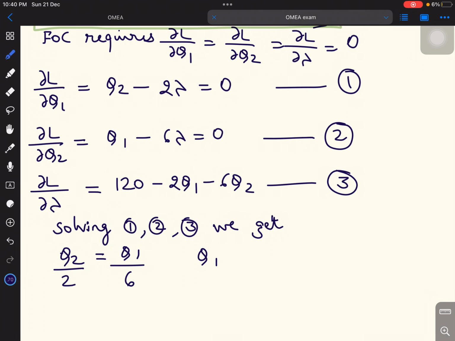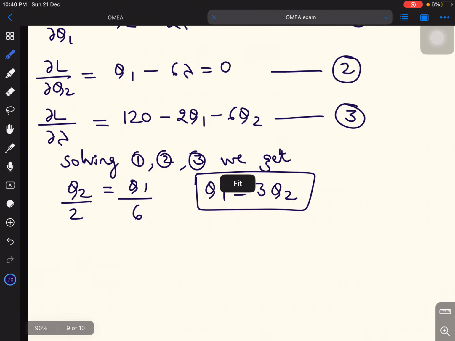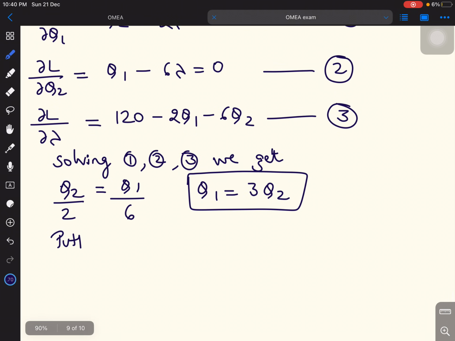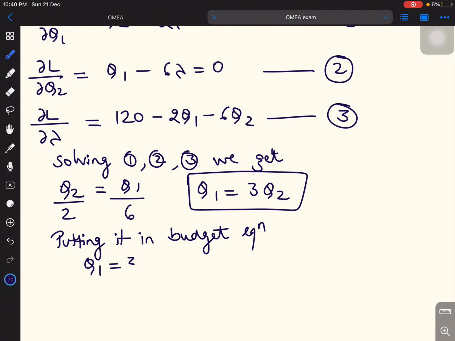So from here we get Q1 equal to 3Q2. If we put it in the budget equation, 120 minus 6Q2 minus 6Q2, which is 12Q2. So we will get Q1 equal to 30 and Q2 equal to 10.